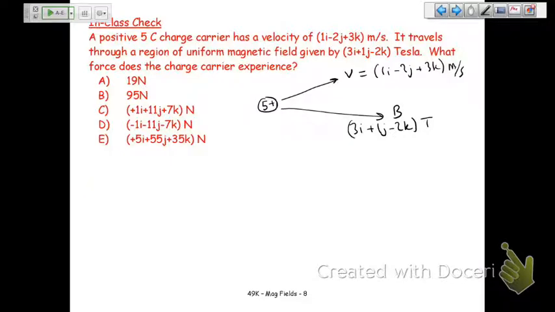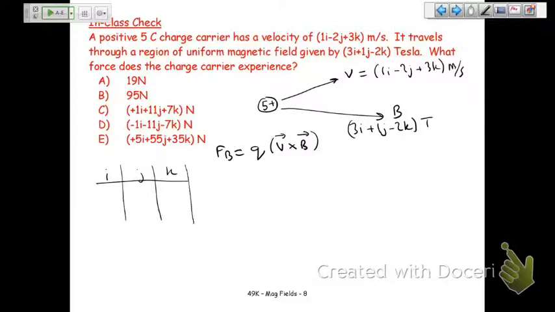So then I won't bother doing a list on this because I know it. It's going to be FB is equal to Q V cross B, and I'm checking, oh yeah, it's about magnetic field, so that comes at the end. So I'm just going to do my IJK over here. And I put down my B at the side to remind myself that that comes first. So I look across here, and I go 3, 1, and minus 2.